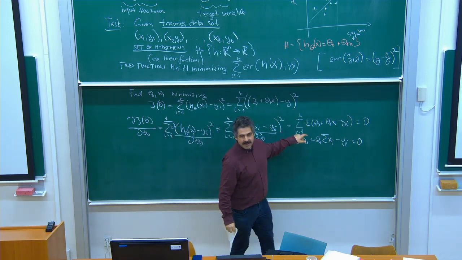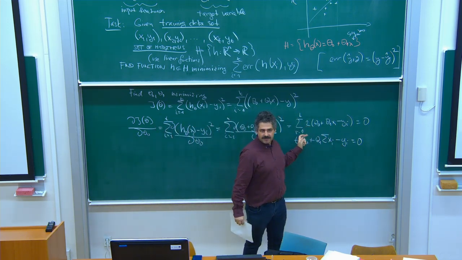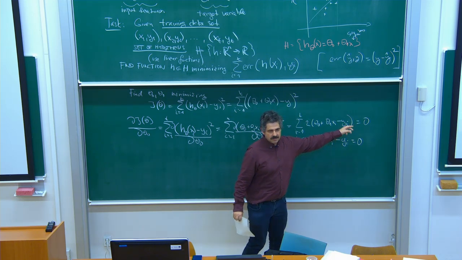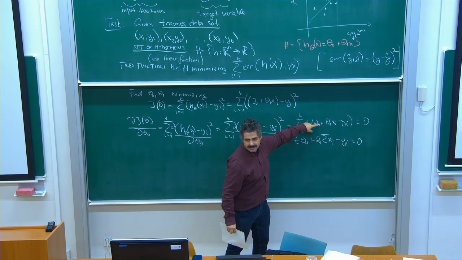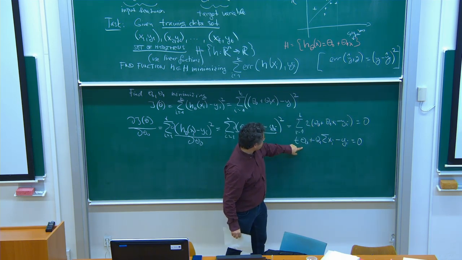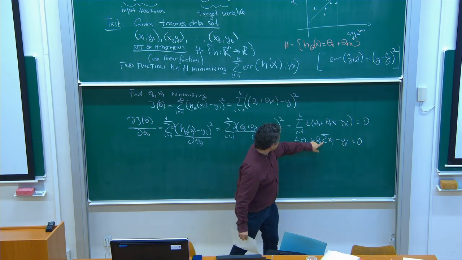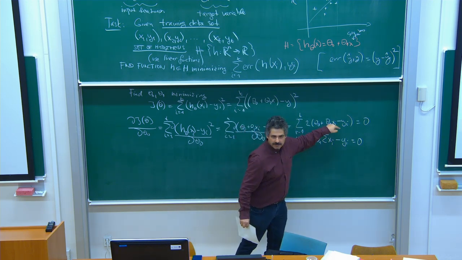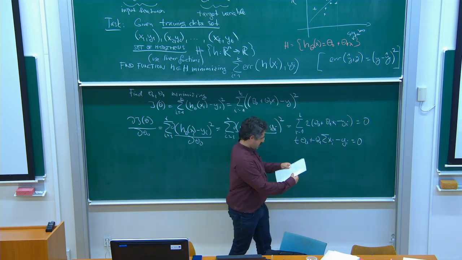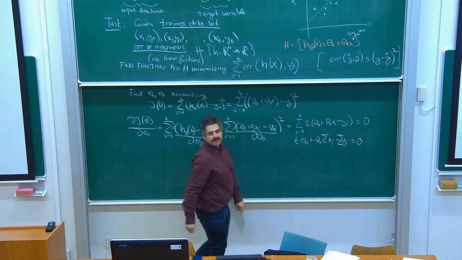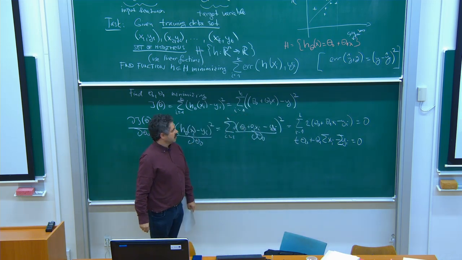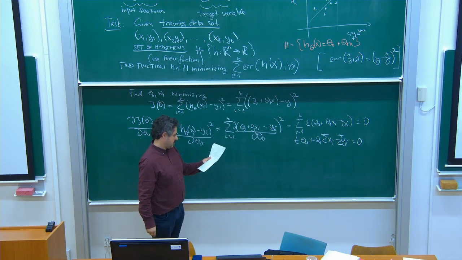I have divided everything by 2, and this is the same element, it's there 3 times, right? This is in the sum. Then theta 1 times the sum of all of these, minus the sum of all of these, and this should be 0.